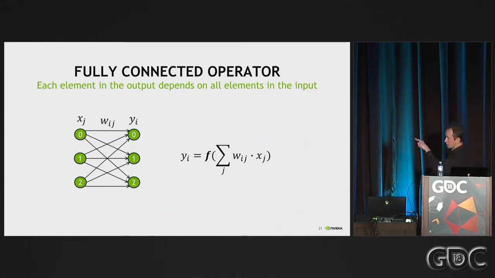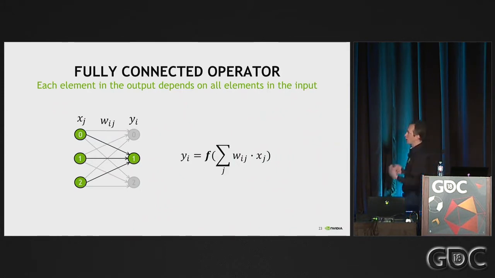The dependencies between elements in the output tensor and the elements in the input tensor are such that every element in the output depends on all elements in the input. That's why it's called fully connected. Each edge, each connection, is labeled with a weight, that's the Wij there. And each element in the output is essentially a weighted sum of the values of all the elements in the input, with weights being the W values.